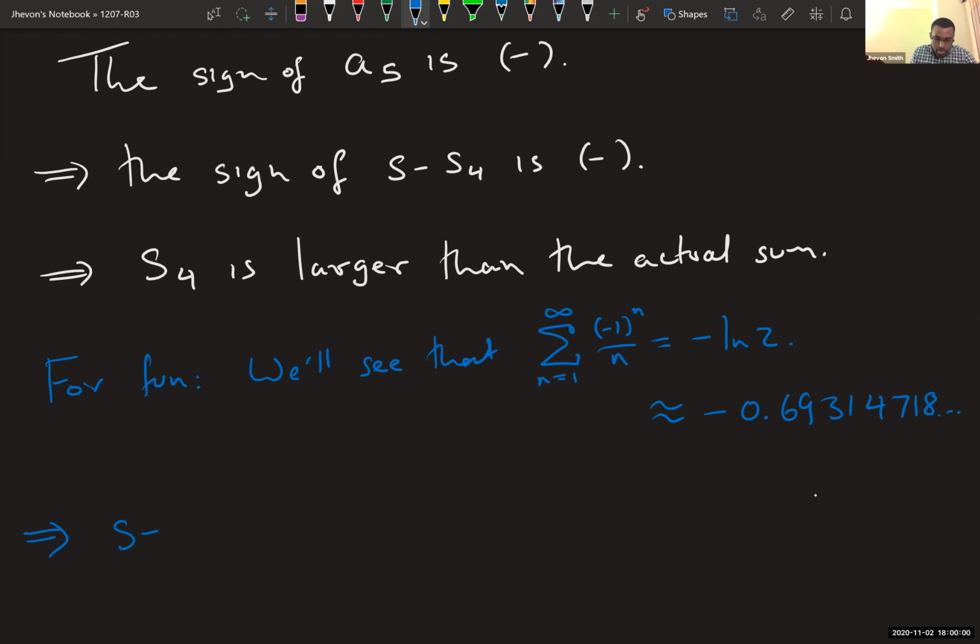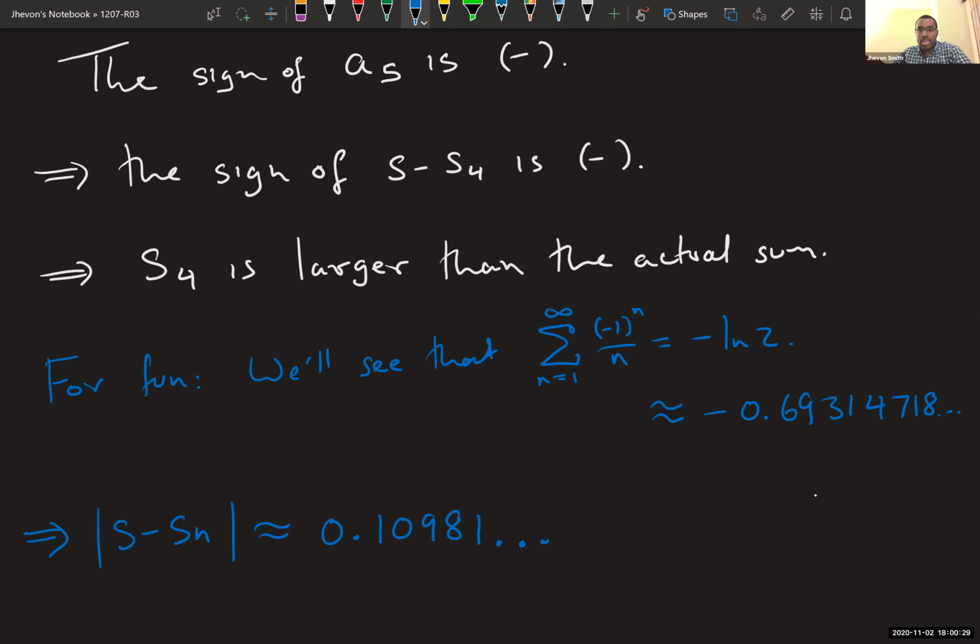S minus Sn, the actual difference, what did I have here? Minus, I believe it was 7 over 12, which is 0.10981... So we actually did better than 0.2, which is fine, right?